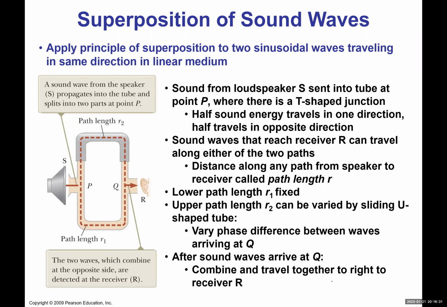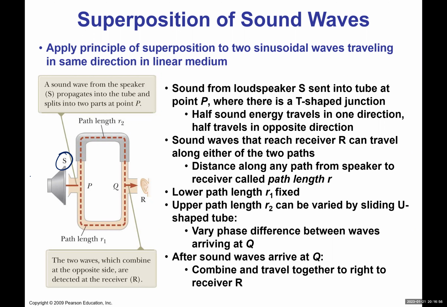So here, let's say we are given a speaker, which we can represent as S. This is the source of the sound waves that we have. And in this picture, when you're generating sound, we're giving you two different paths to go. So at point P, they have two paths. We can go path R1 or path R2.